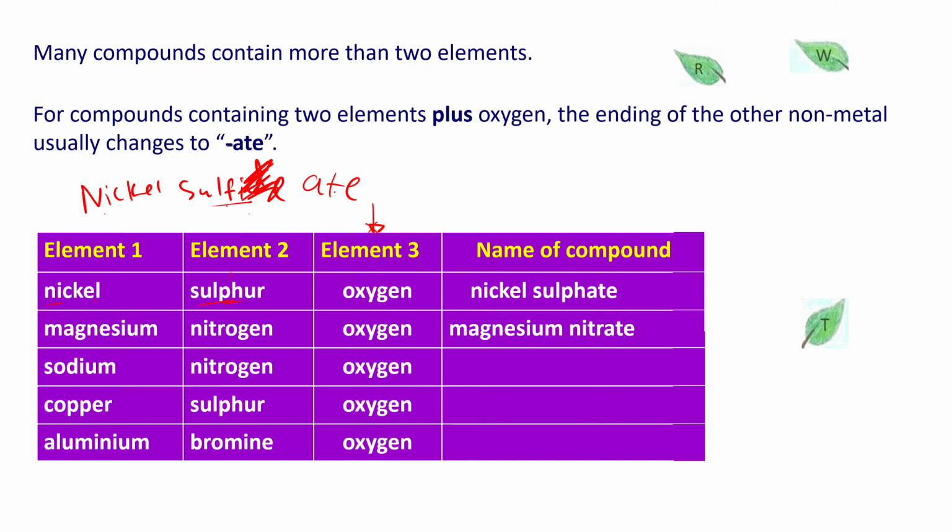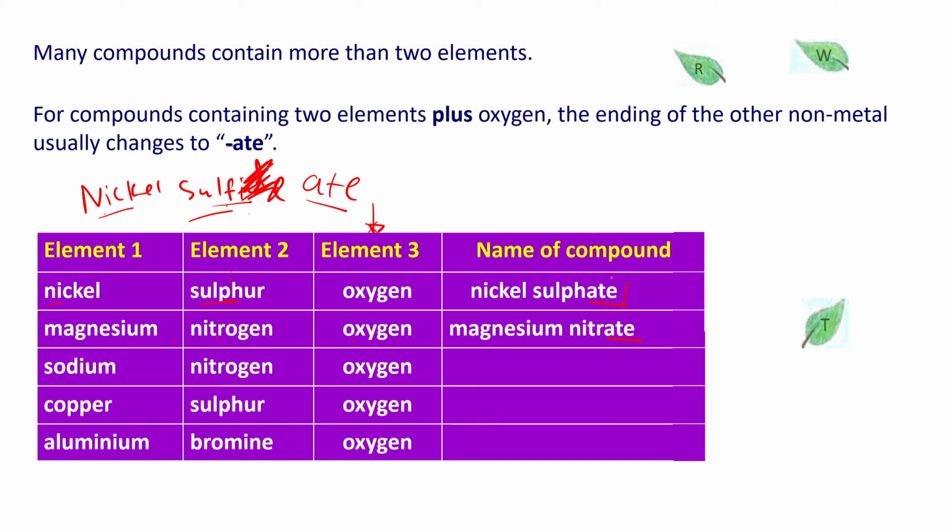That is saying this is a compound of nickel, sulfur, and oxygen. So you see here, nickel plus sulfur plus oxygen will make nickel sulfate. Magnesium plus nitrogen would make magnesium nitride, but magnesium plus nitrogen plus oxygen is magnesium nitrate.